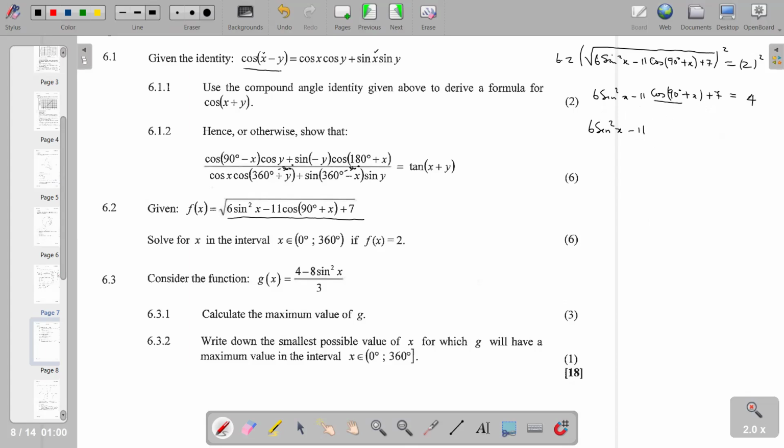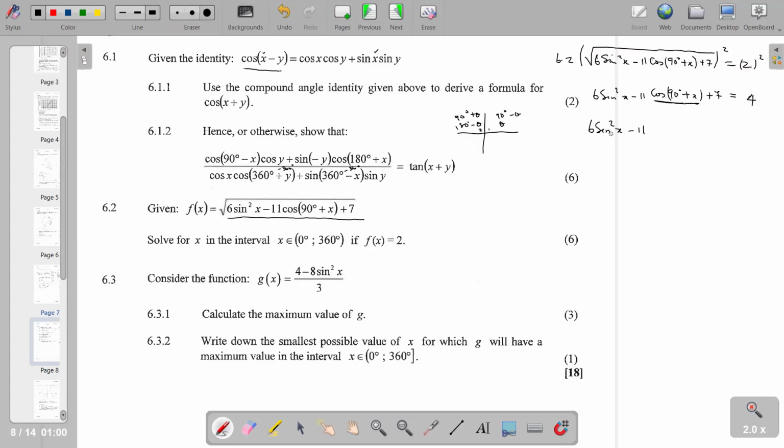But this part, we are going to conduct reduction. 90 plus x is in which quadrant? As we were doing, for the first quadrant we expect theta and 90 degrees minus theta. Second quadrant, we expect 90 degrees plus theta and 180 degrees minus theta.